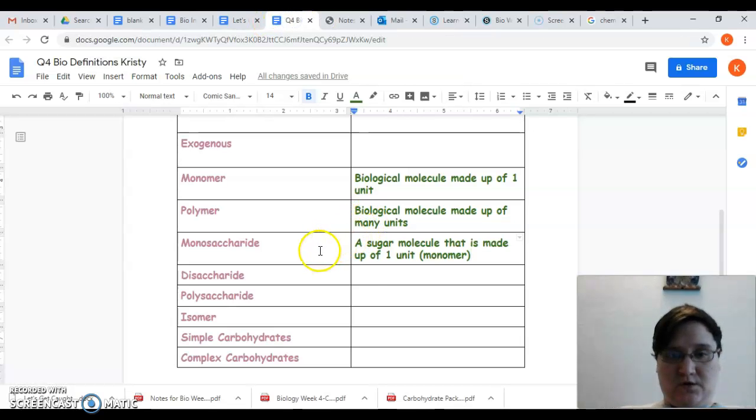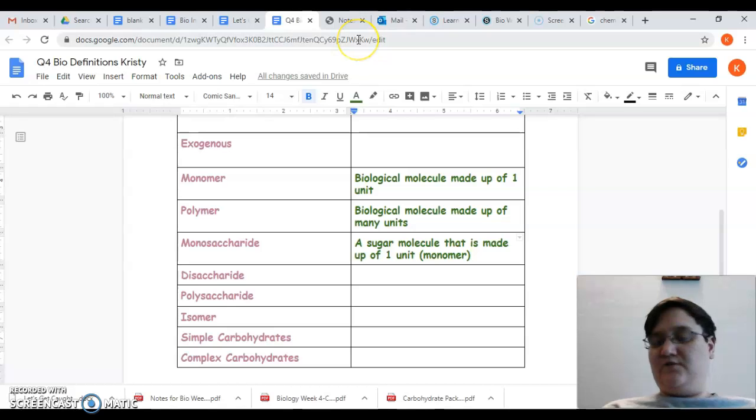Alright, cool. So, I'm going to go back to my notes real quick, as long as we're good with that definition. Sugar molecule that's made up of one unit, it's a monomer. So if you're asked on a quiz, what is the monomer of carbohydrates, you will always say it's a monosaccharide.